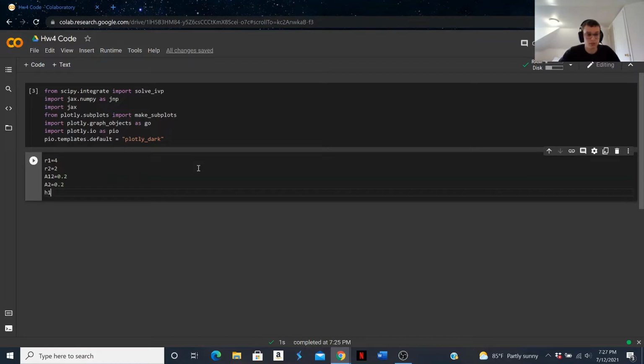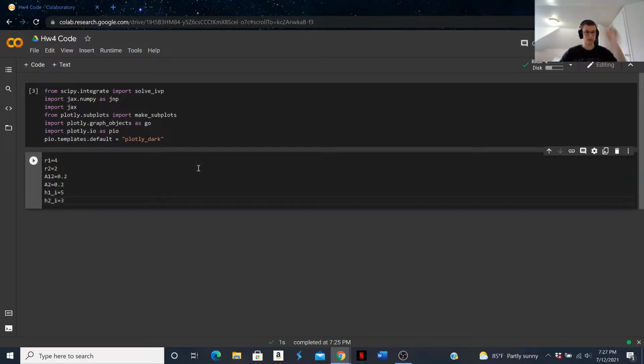So do H1I, or height of tank 1 initial. And that looks kind of weird, so I'm going to separate it. I believe first tank we have a value of 5 meters, and a second tank we have a value of 3. And that's what we're given in the problem as far as constant values.